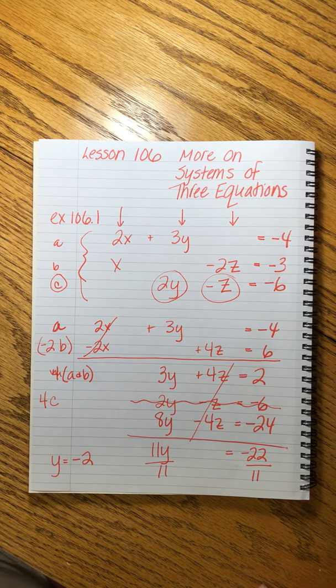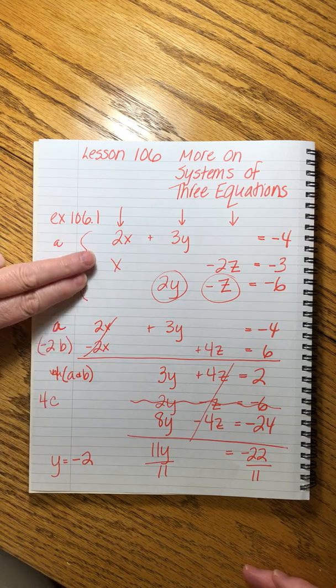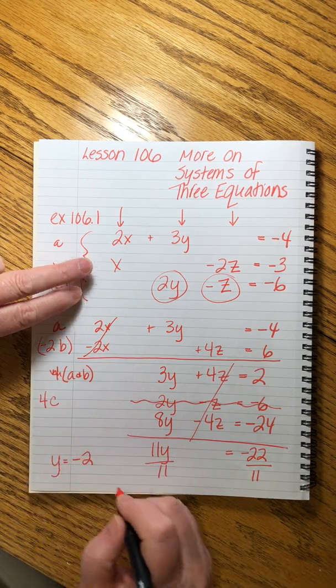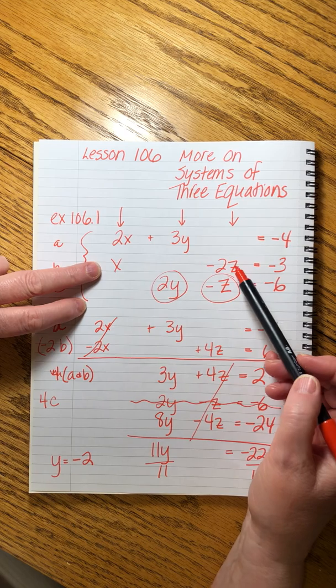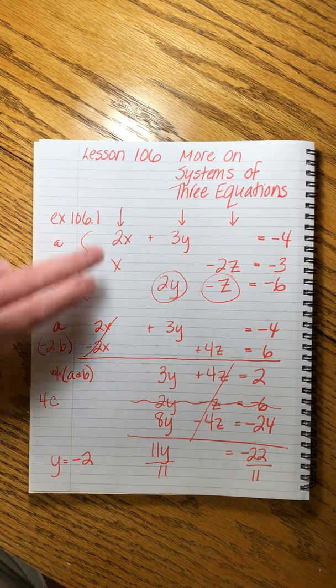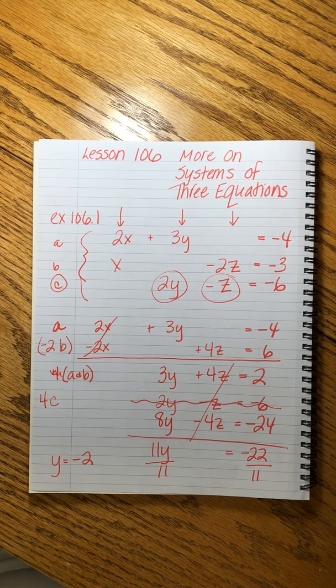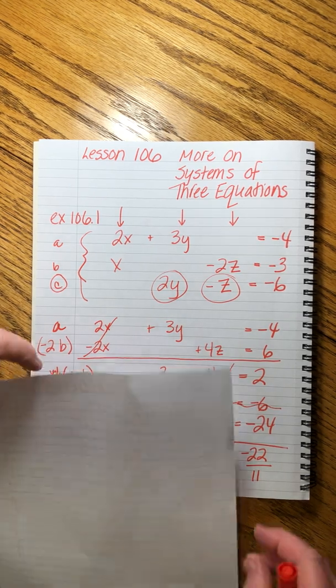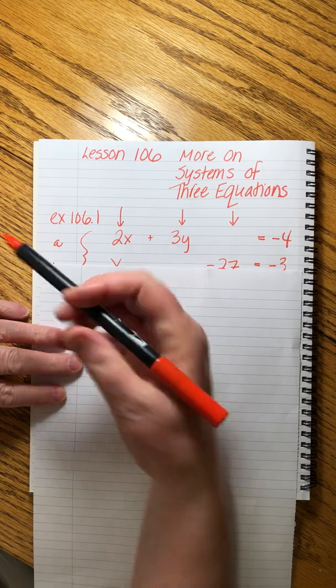Beautiful. Now all we have to do is back into some of these other equations. Let's do this one, oh no, I can't do this one because I don't have x or z. I have to choose one of the ones where I have y. Let's choose this one. We know that y equals minus 2.